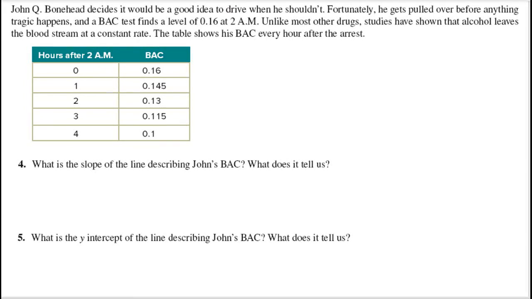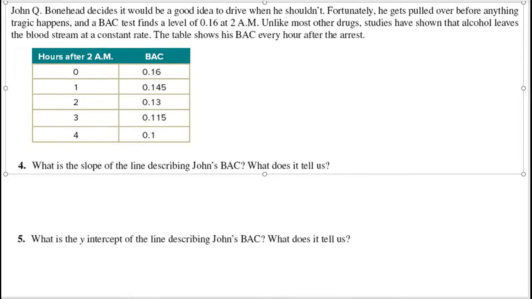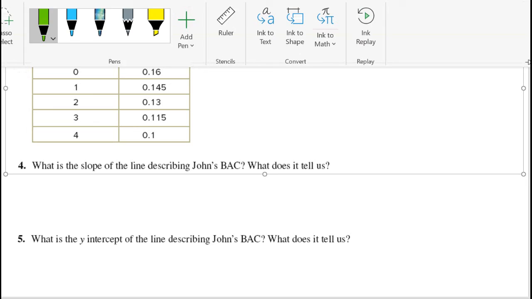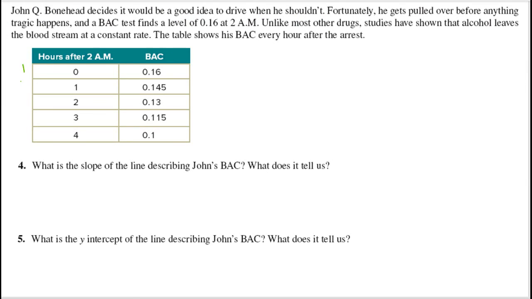Okay. So now I've got slope of a line. I really need my x1, y1. So this is going to be 1. This is going to be 2. And I do that so that I don't have the 145.